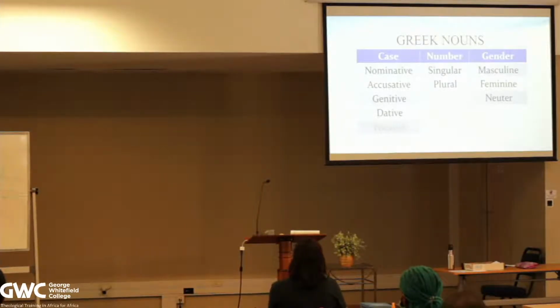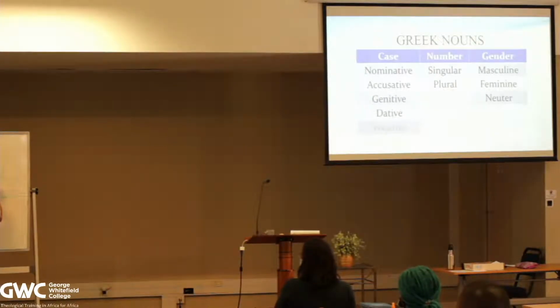I've worked on that. Now I come over here and I ask, what case is this? Because I've got to ask what case it is. That's what we do. We've got to figure out what case it is, because when I figure that out, then I know exactly what role it has in the sentence and how I'm going to translate it. Right? So what case is this? It's a little bit confusing. This makes me think it's genitive, doesn't it?